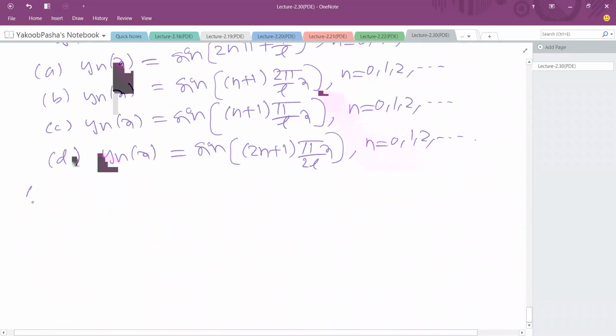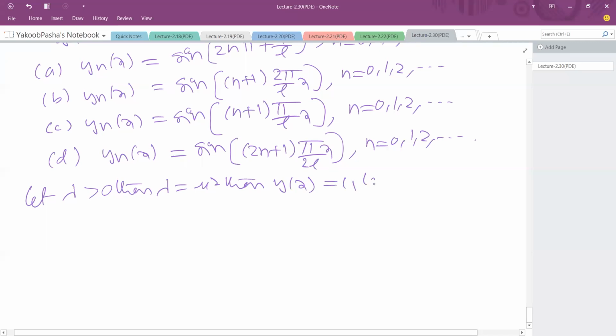Lambda is positive, that means lambda is mu square. The general solution is y of x equals c1 cos mu x plus c2 sin mu x. Now apply the boundary condition y of 0 equal to 0.